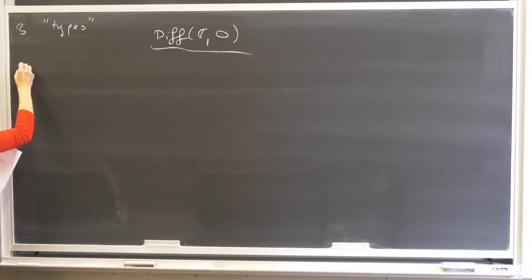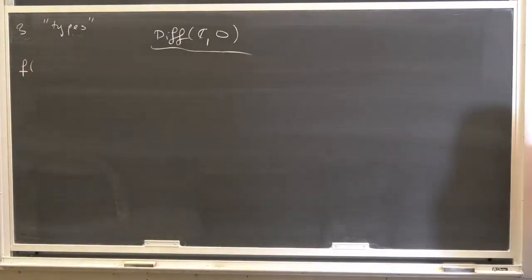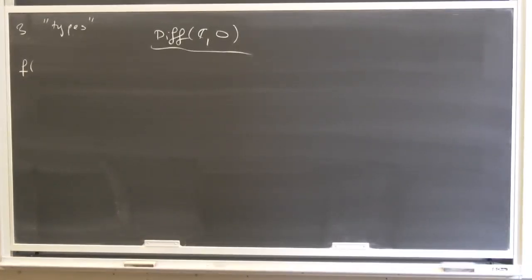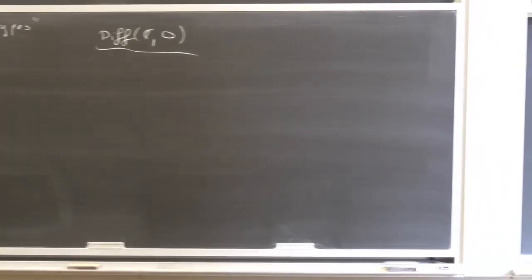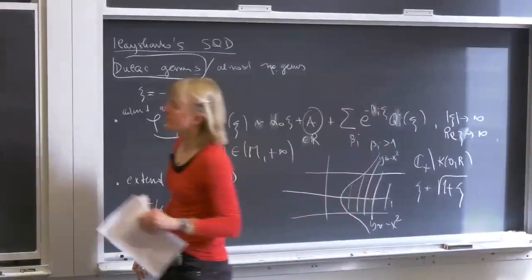We will call a Dulac germ, I didn't say it, but I should have, all the coefficients are real. That's because it comes from the real problem, from the real vector field. So all coefficients are real.